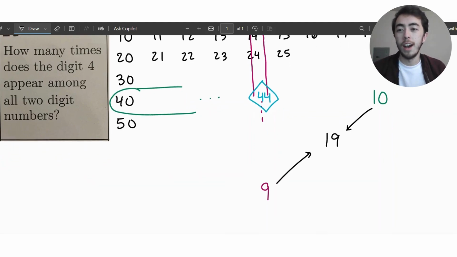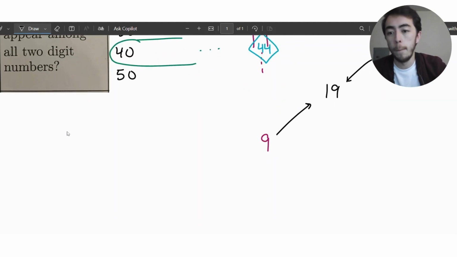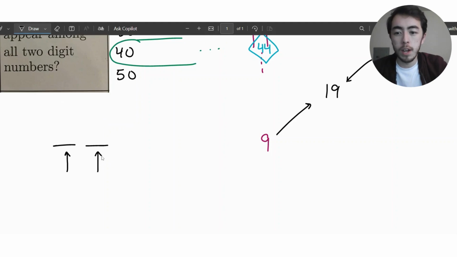So instead, I want to count all of the numbers that don't have a 4, specifically all of the 2-digit numbers that don't have a 4 in either of the digits. So you can think of me constructing a 2-digit number by thinking of how many options do I have for my tens place, and then how many options do I have for my ones place?